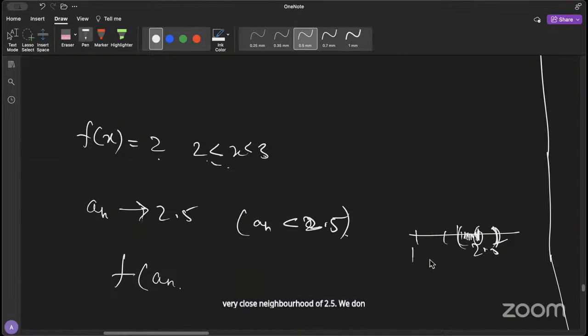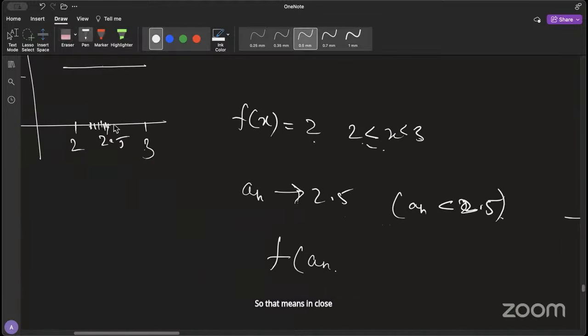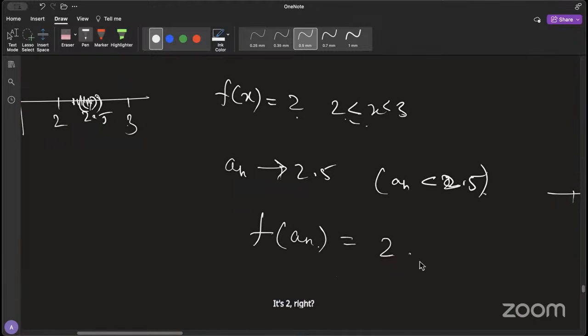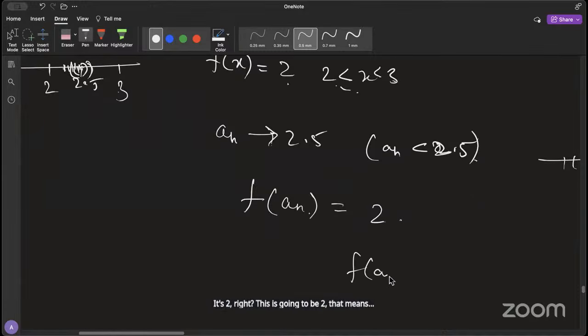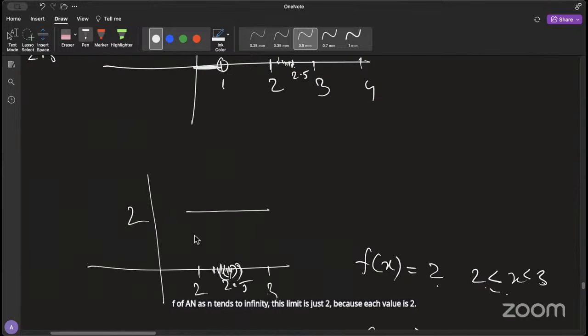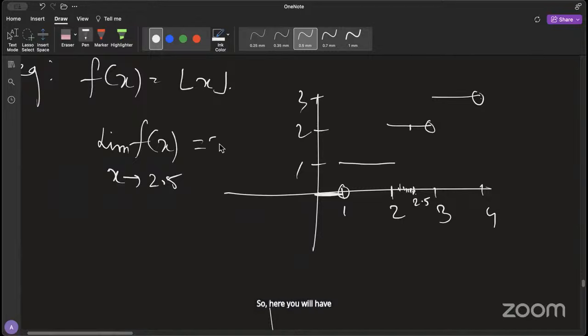We don't care what's happening at these other points. In that interval very close to 2.5, what is f(a_n)? It's 2. That means the limit of f(a_n) as n tends to infinity is just 2 because each value is 2. So here you will have limit equal to 2.